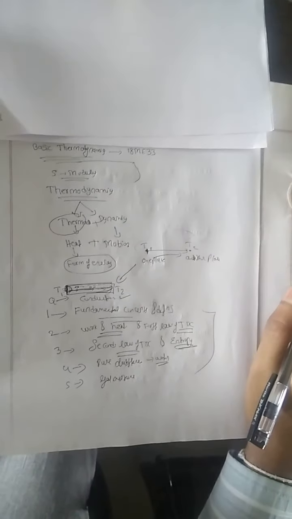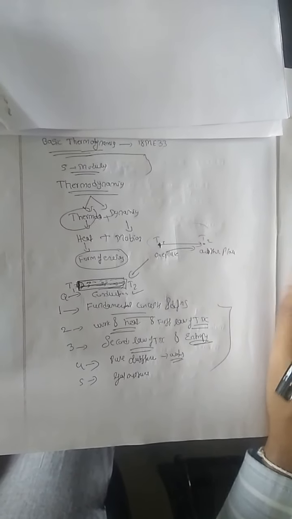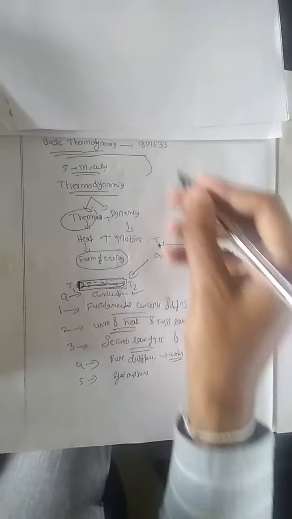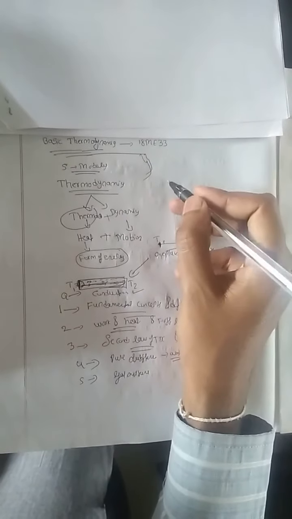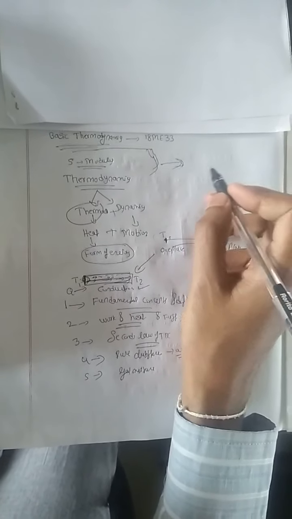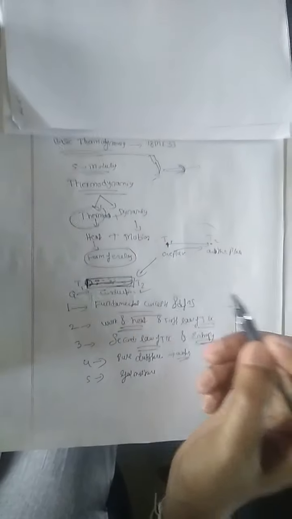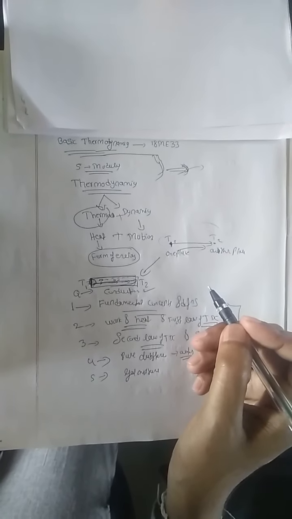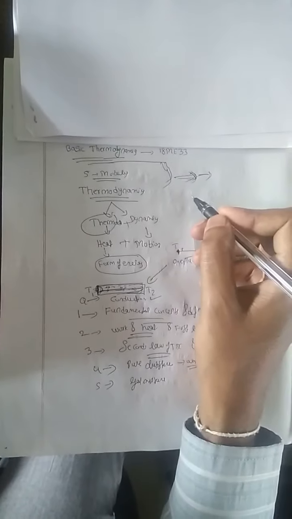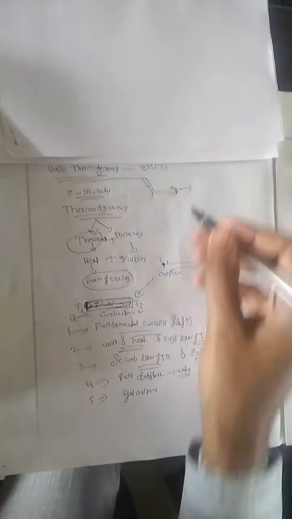If you are absent from the online class, you will not be permitted to attend the quiz. The quiz is considered for your IA score. Also, every day we have to take attendance. Attendance means you have to give it in the comment. I hope that is clear in general for basic thermodynamics.